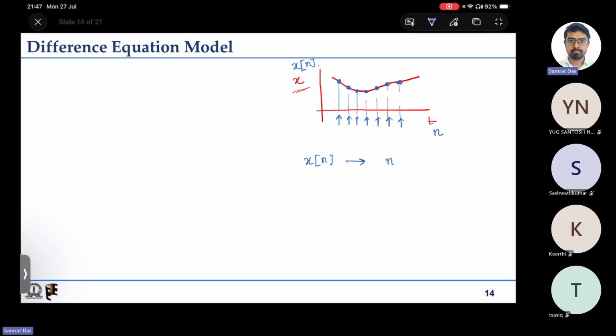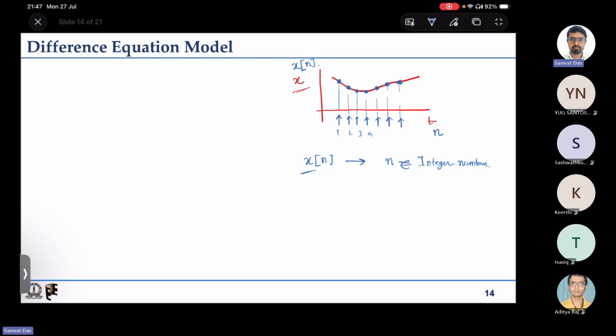It will be, say, 1 2 3 4, whatever you number the sampling instances, and x will be valid only where n is an integer. So the discrete form of the signal x n is not defined for n where n is a fractional number, right?